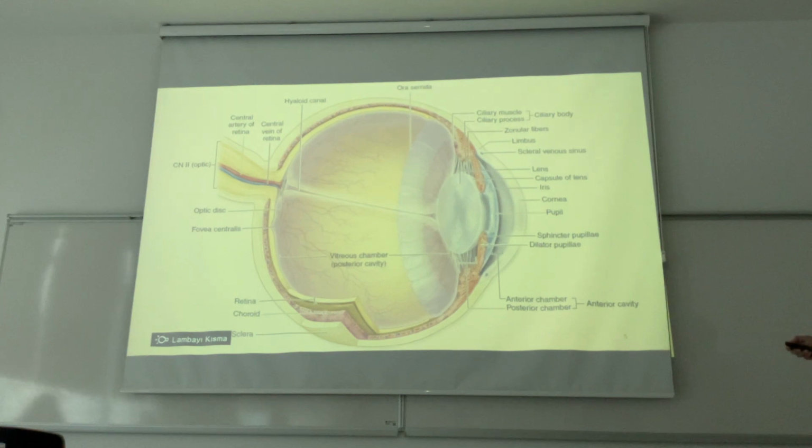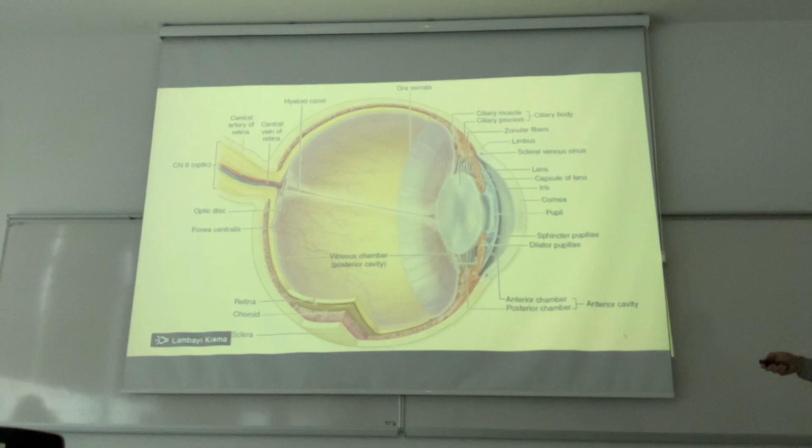Also in the eye we have cavities, the anterior cavity and posterior cavity. The lens is present between the anterior and posterior cavity.